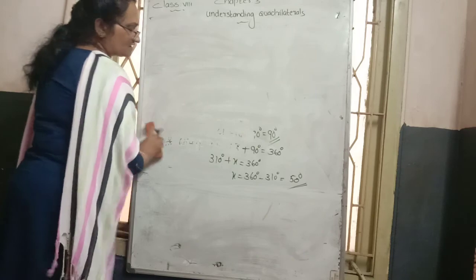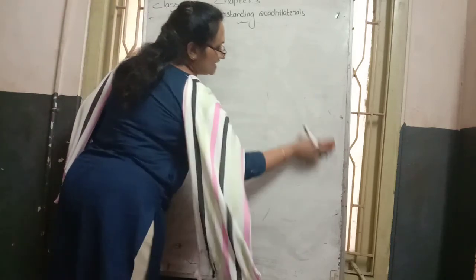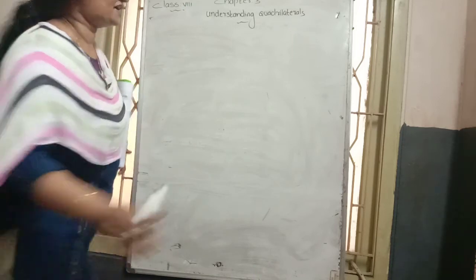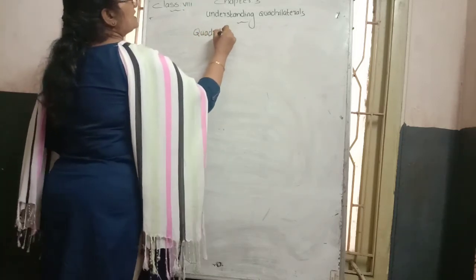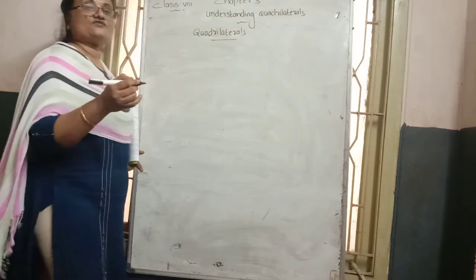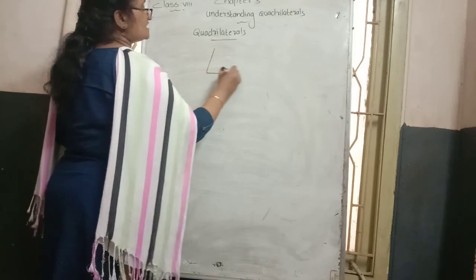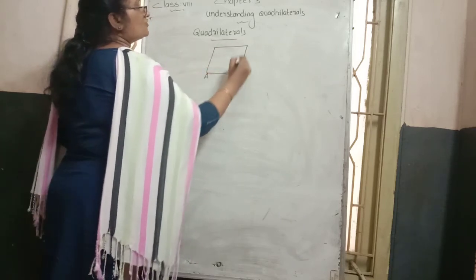What about quadrilateral? Quadrilateral means a four-sided figure. We call it a quadrilateral. Here, how many sides does this quadrilateral have? 4 sides.